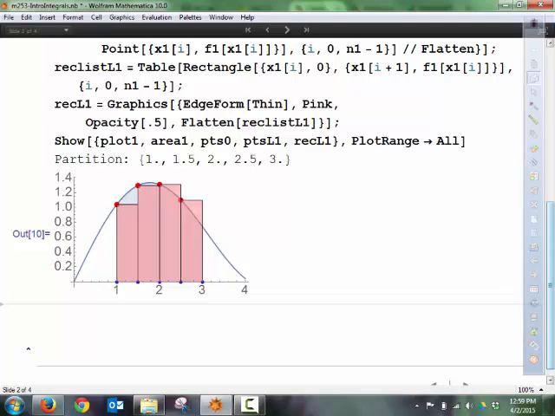So the integral technically is an infinite sum. That's the sum that goes from the sigma notation sum to the integral notation sum.